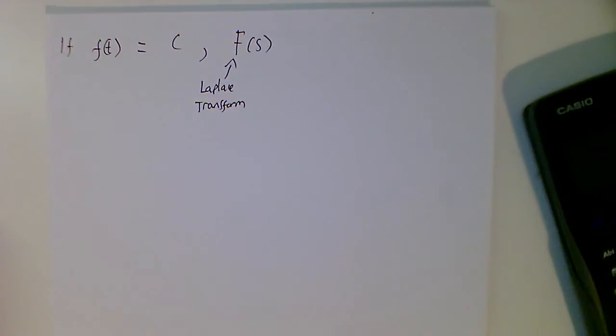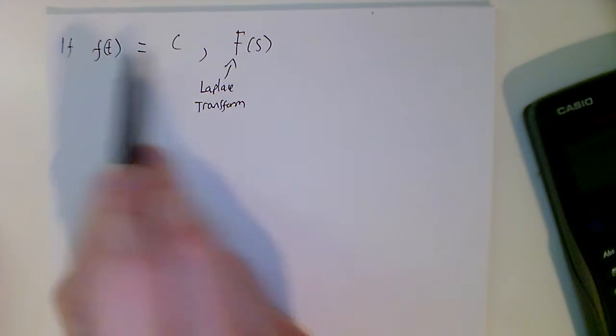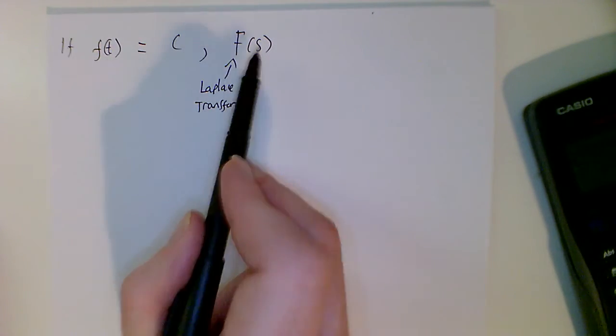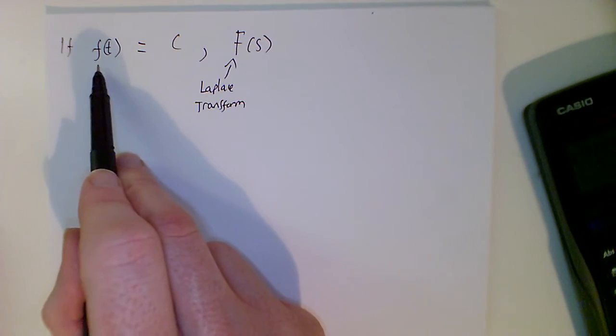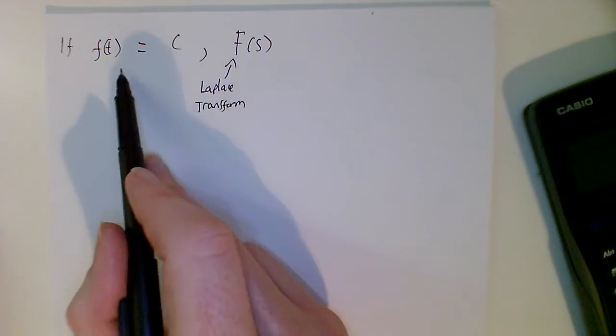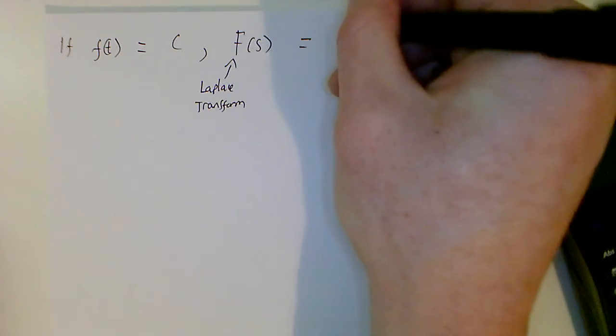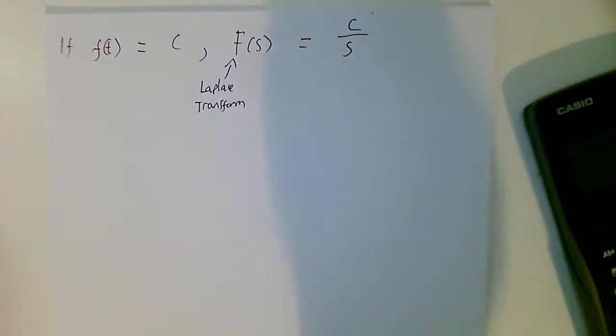The other thing that gives it away is the fact that they've changed the letter from t to s. So they're going from t space to s space. And a normal function becomes a Laplace function because it becomes a capital, right? As c over s.